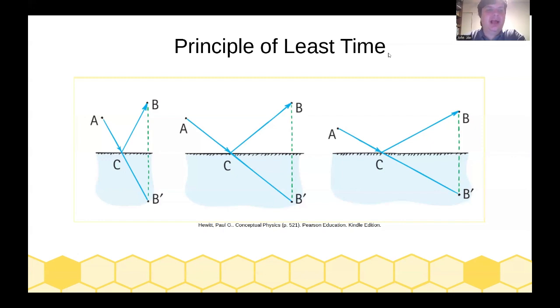However, if a beam has to be reflected off of something, if the electron configuration is a metal or something like that, where the light is reflected rather than passing through, then it is going to have to follow a different path.